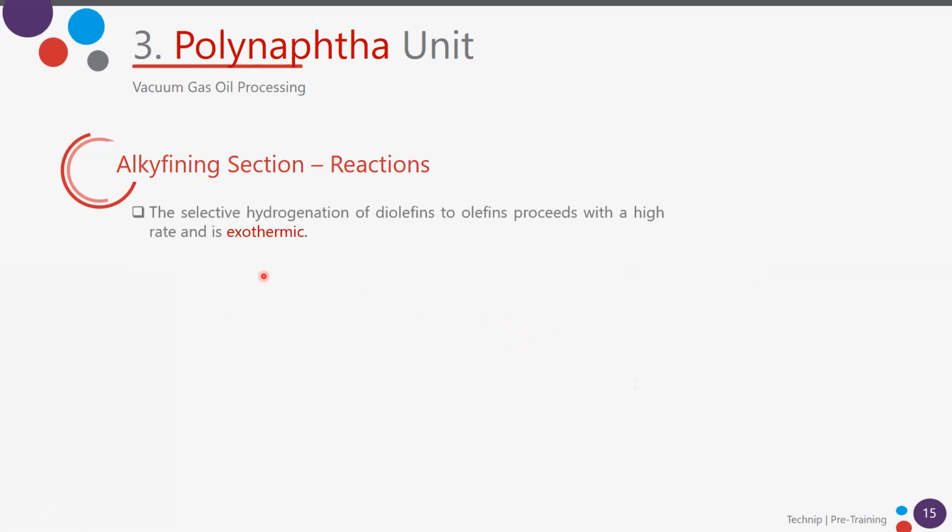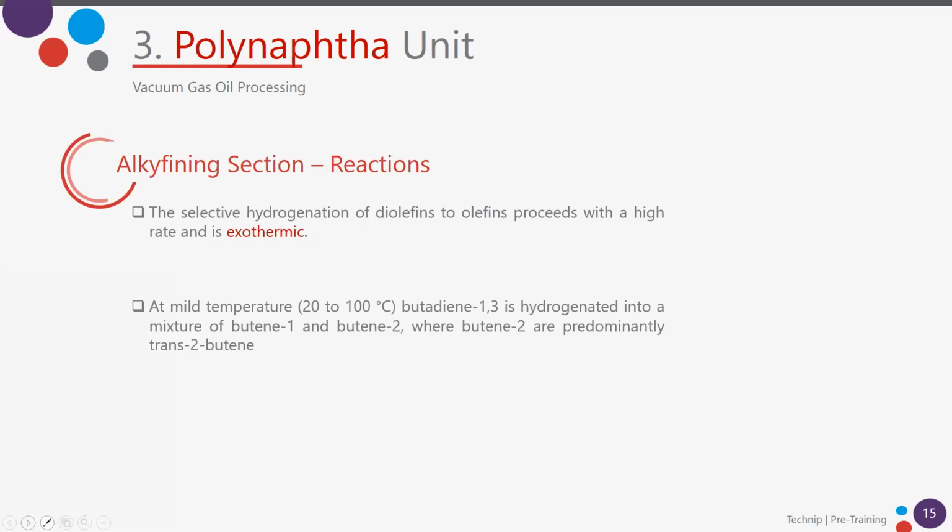So this selective hydrogenation of diolefins to olefins proceeds with a high rate and it's exothermic. At these temperatures, the butadiene is hydrogenated into a mixture of butene 1 and butene 2, where the butene 2 that we will have is more the trans 2-butene.